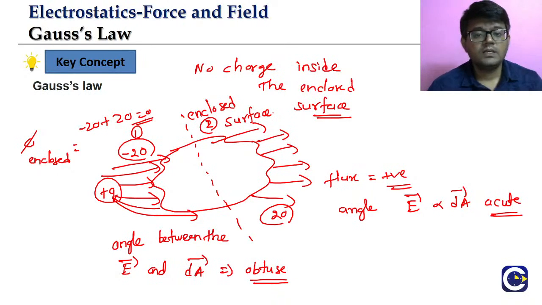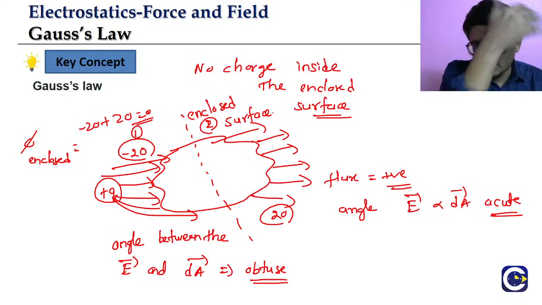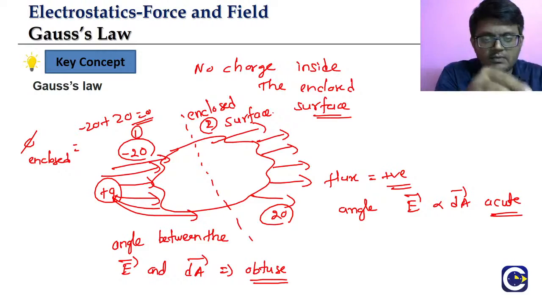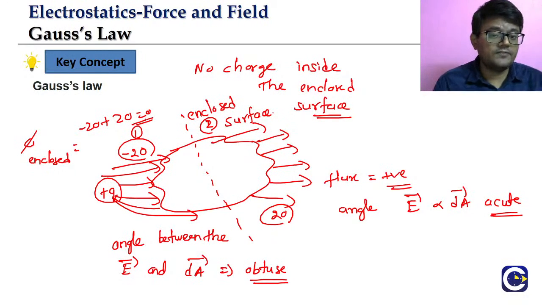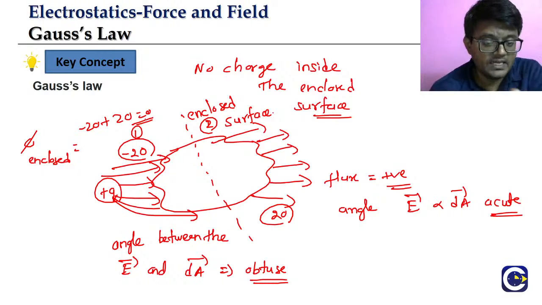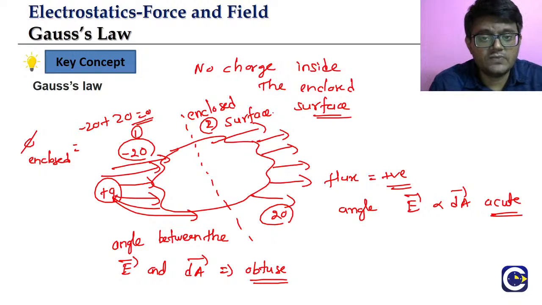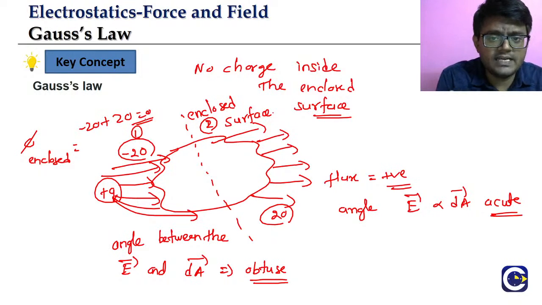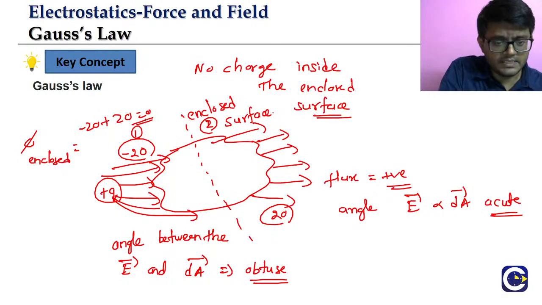So if the enclosed surface does not have any charge inside, there will be volume inside the enclosed surface, right? And in that volume, if there is no charge, the flux through the enclosed surface will be 0. Whatever field lines enter the surface from one side, they will leave from the other side. So if from one side you get a negative flux value, the other side you will get the same value positive. So the total flux will anyway be 0.